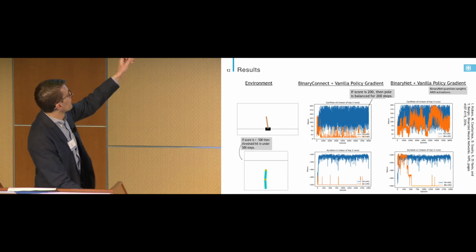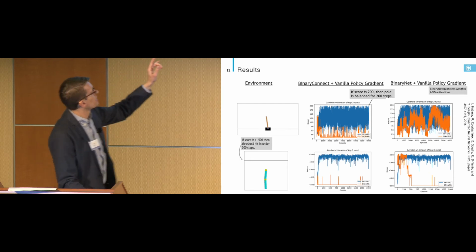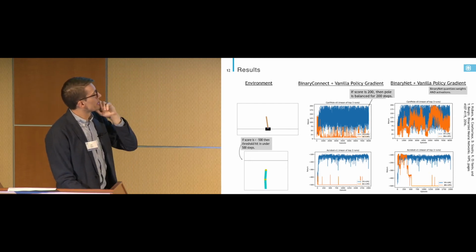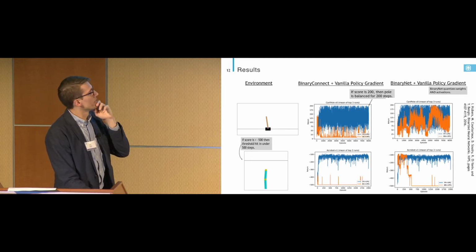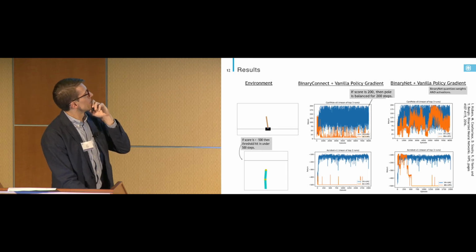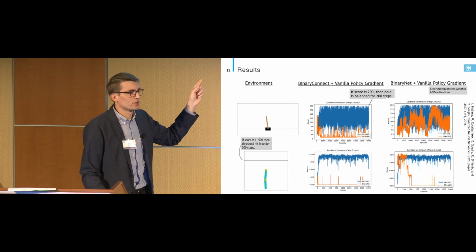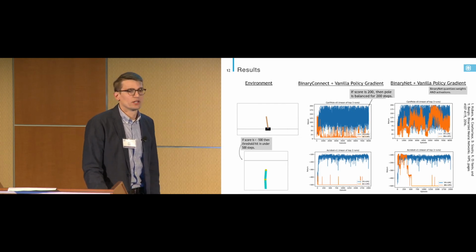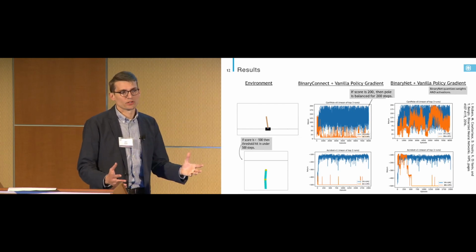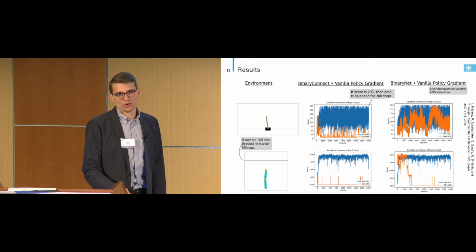Okay, now let's look down at Acrobat and see how binary connect performs. Again, it doesn't perform in this case. It does horribly. Although, just as a note, if you look at the full precision results, you can see that the variance for the exact same architecture is way better for the Acrobat task than for cart pole.